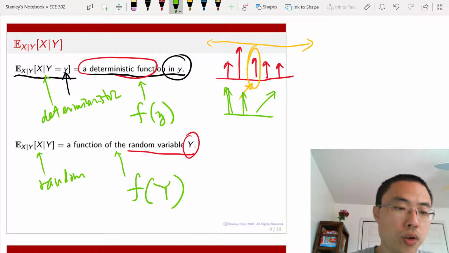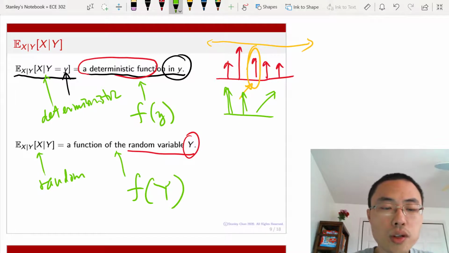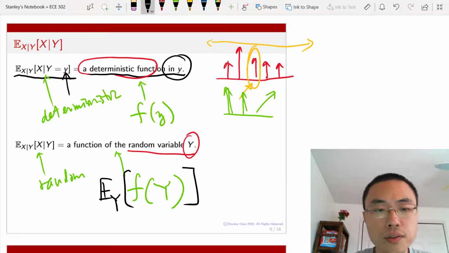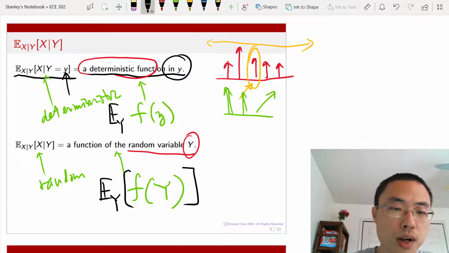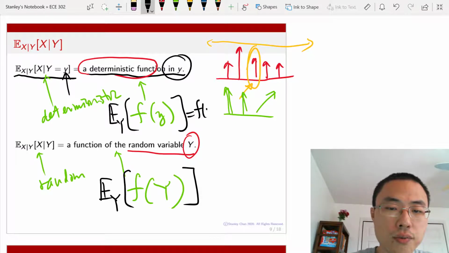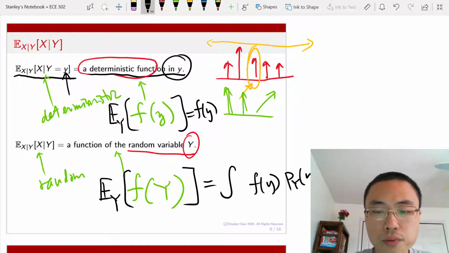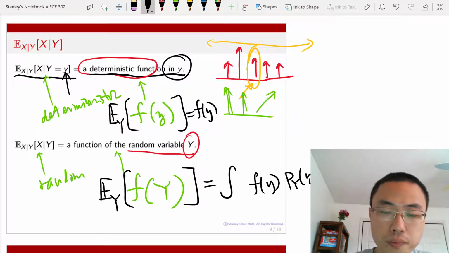If you want to get a deterministic quantity and get rid of the y, then you can put an expectation over the y's. Now, if you put an expectation of the y's, that will stay as f of y. But if you take the expectation of this, you need to integrate your f of y over all the possible values of y, with dy.